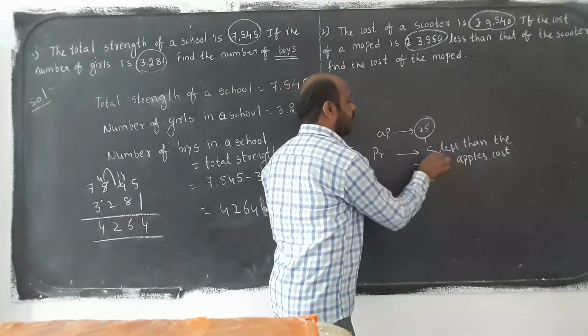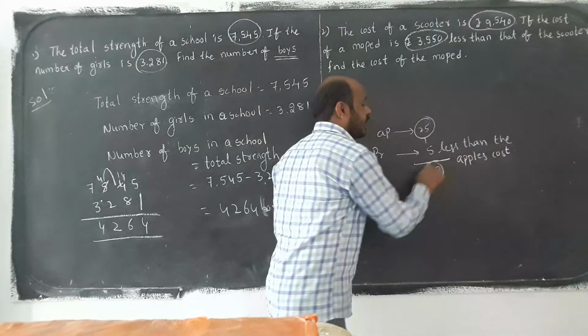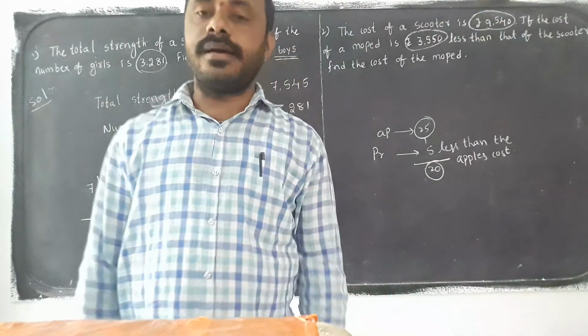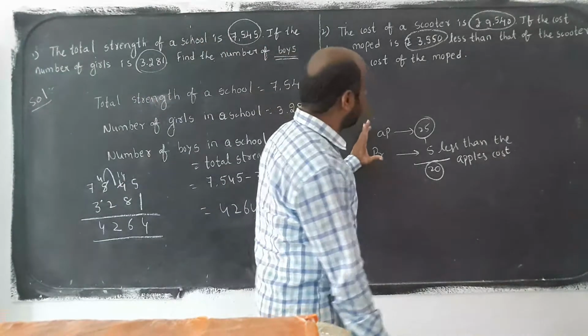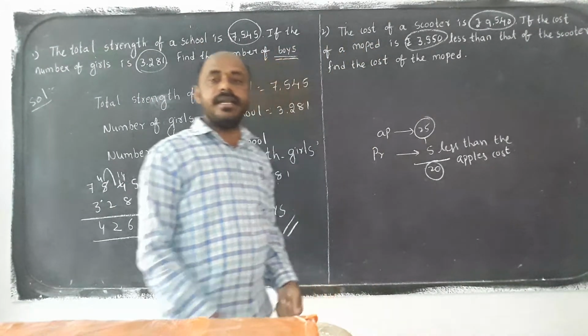It will be 25 minus 5 is 20. 20 is the pomegranate cost. In the same way he gave the scooter cost and the moped cost.